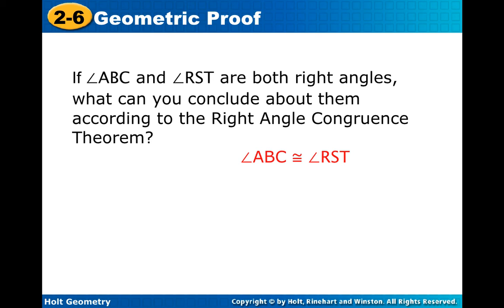If you were thinking, okay, I know that angle ABC's measure is 90 degrees, that is true, but that's not what the right angle congruence theorem comes up with. That's really what the definition of a right angle says. So there are different things that we have related to right angles right now. So we've got to think which one comes up with the fact that we're after. So this was a conclusion from that theorem.